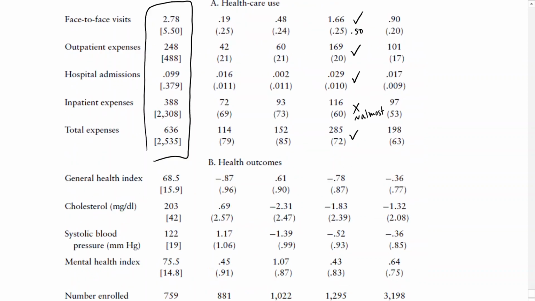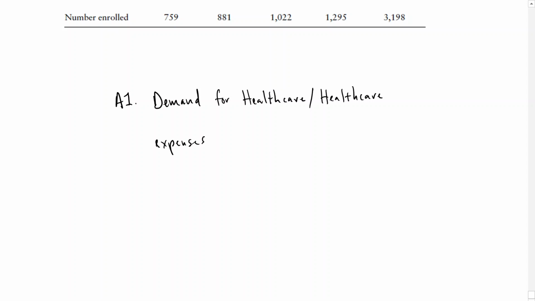So before we look at that bottom part, let's just answer the question about the elasticity of healthcare. So the demand for healthcare and healthcare expenses increased. And almost all of them were statistically significant.